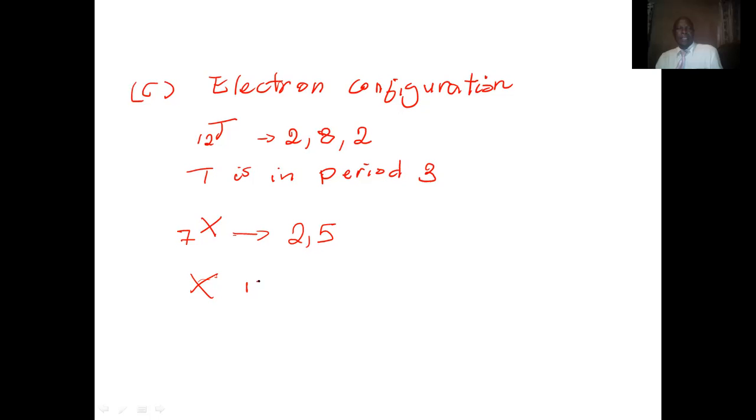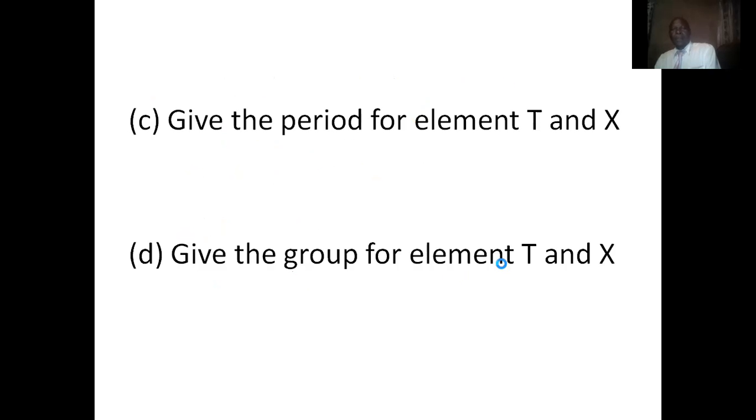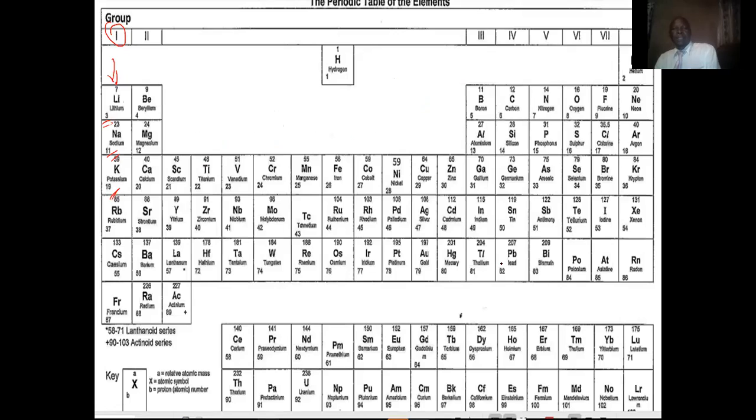And therefore, X is in period 2. And so from the periodic table here, we were aware that these are the periods. So helium and hydrogen are in period 1, and then these would be in period 2, and these would be in period 3, depending on the number of shells.